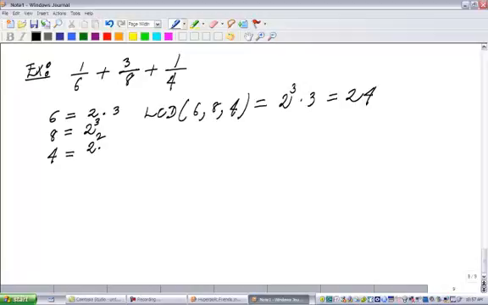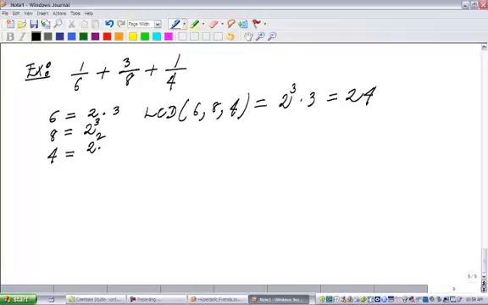So equal to 24. Right here? Where? I didn't see it. Which one?